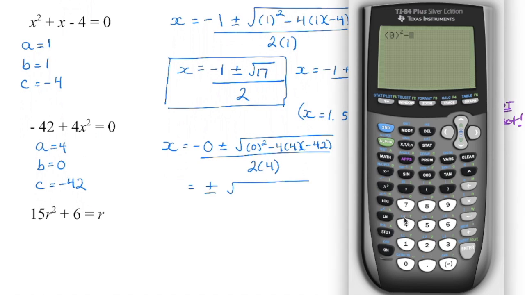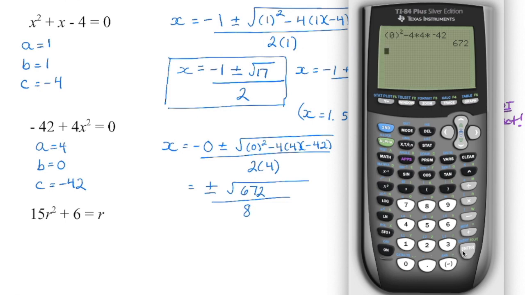Minus 4 times 4 times -42, and I want you to try this with me, so you should be practicing punching this into your calculator as well, equals, and now we have a value of 672 as the radicand. And then multiply the denominator, 2 times 4 is 8.